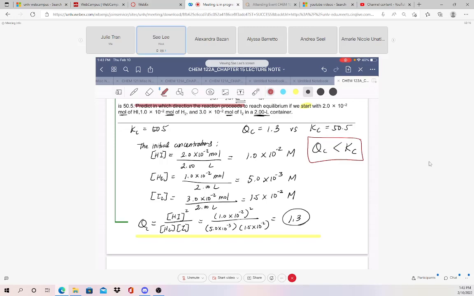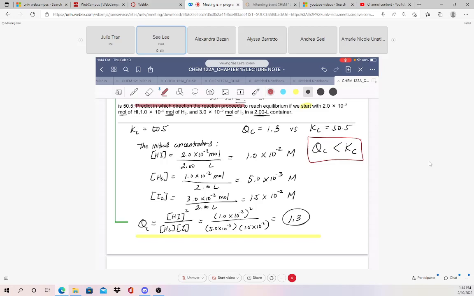Okay, so as we know, Qc is only 1.3 and Kc is 50.5. The question is asking us to predict which direction the reaction is going to proceed. So this is the reaction quotient in the beginning.